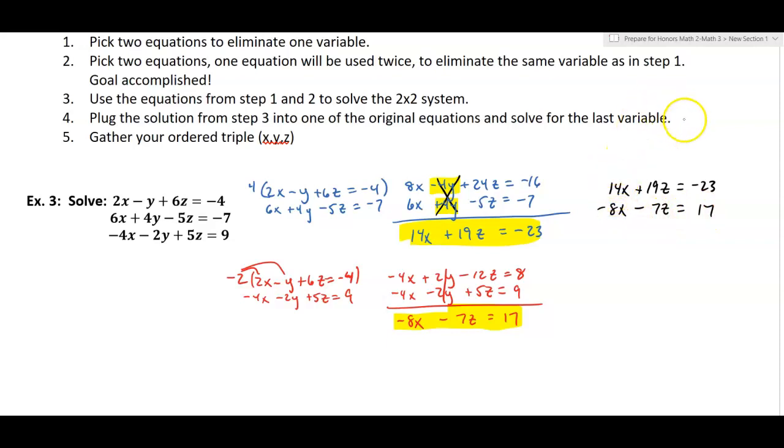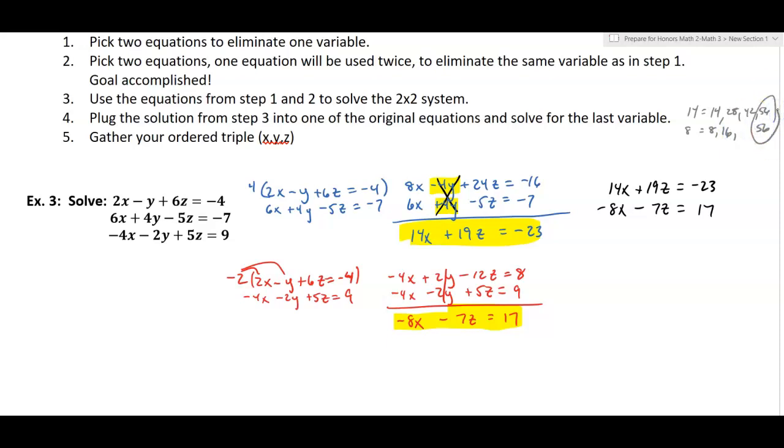If I take the multiples of 14, right? 14 times 1 is 14, 14 times 2 is 28, 3 is 42, 4 is 56. If I take the multiples of 8, it's 8, 16, and so on, all the way to 8 times 7 is 56.